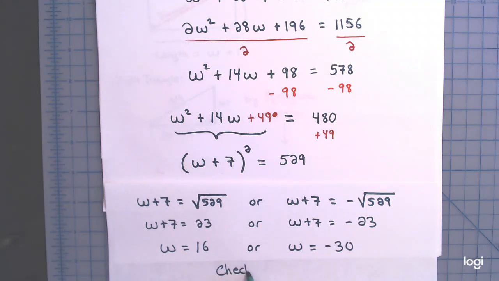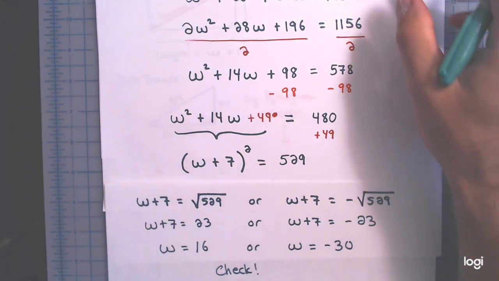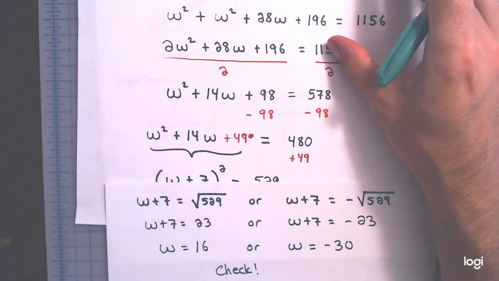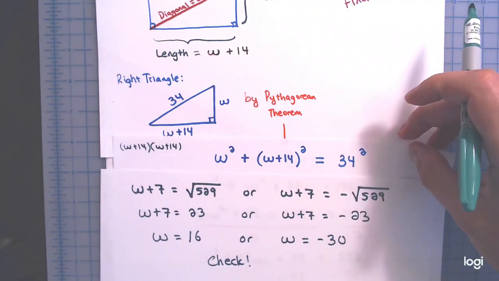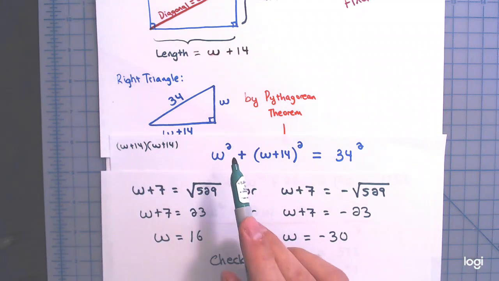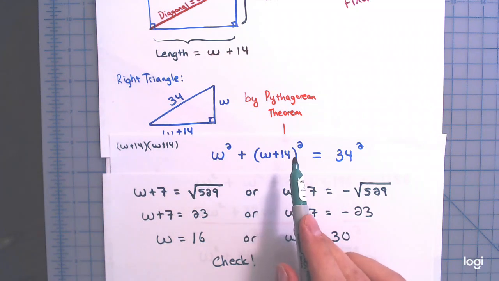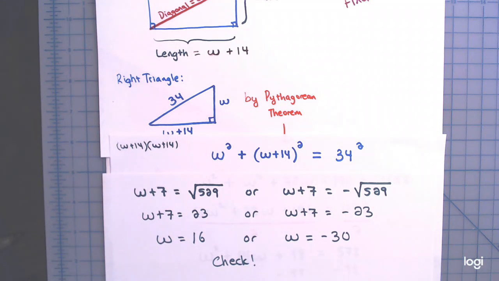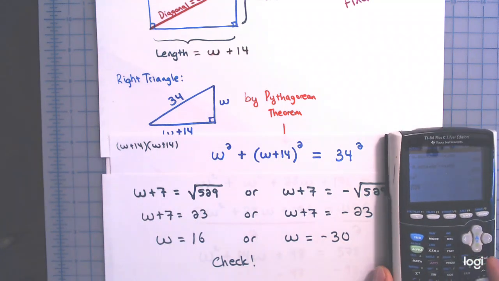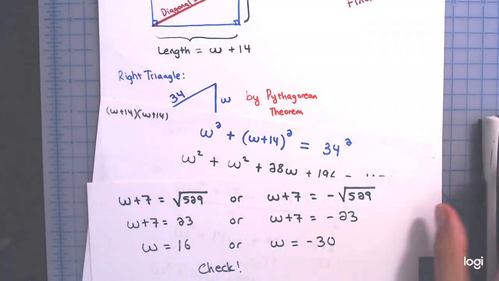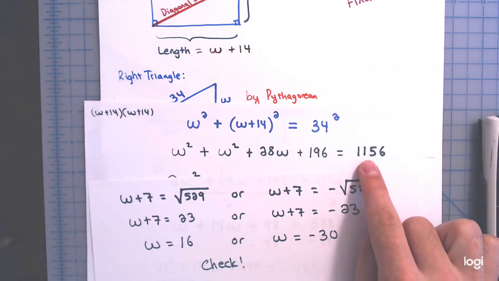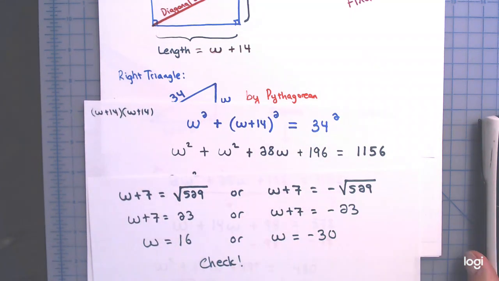And don't forget to check your solutions back in the original equation. That was back here, when I set up after the Pythagorean Theorem, this w squared plus the quantity w plus 14 squared equals 34 squared. Now, I already said 34 squared is 1,156.